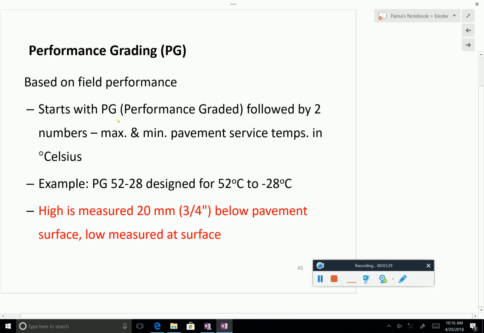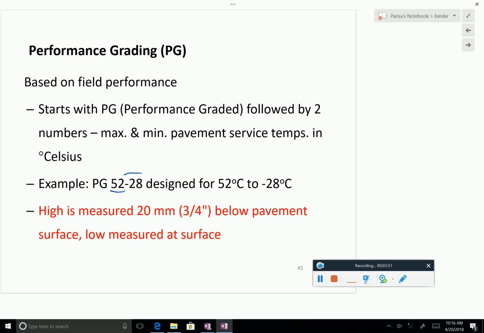The name starts always with PG, performance graded, and then there are 2 numbers. The one in the beginning tells you the maximum temperature you can use this, and the second one, including the negative sign, is the cold temperature.